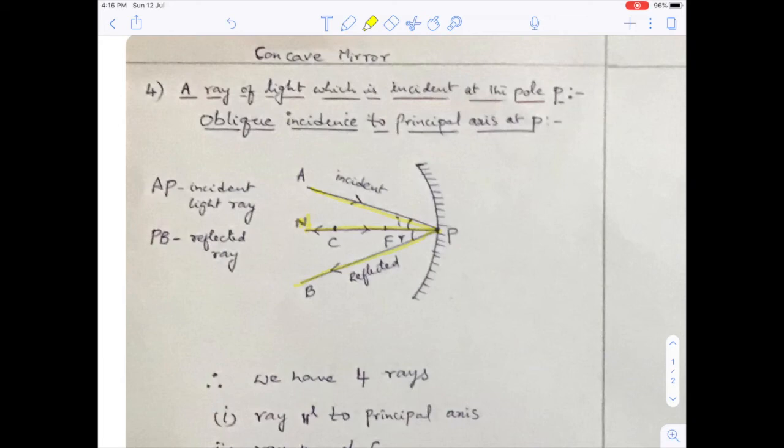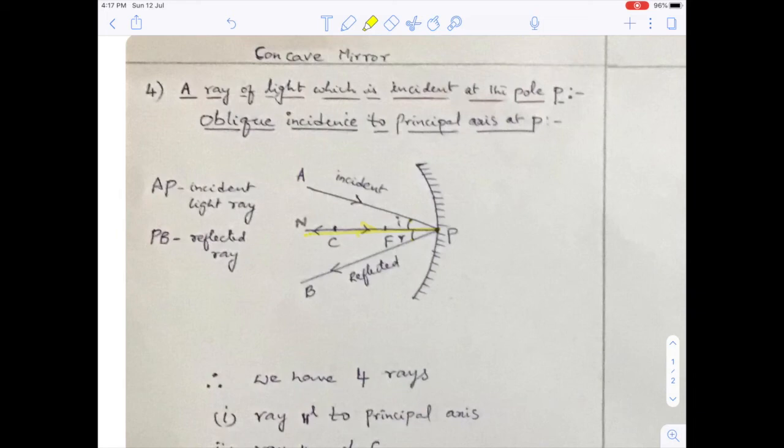Now let us say the incident light does not have oblique incidence, but is incident along the principal axis at P. So this light, P, F, C. If this light is incident along this, this is the incident light CP.